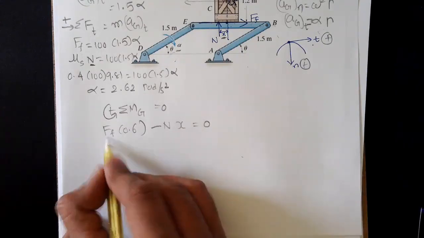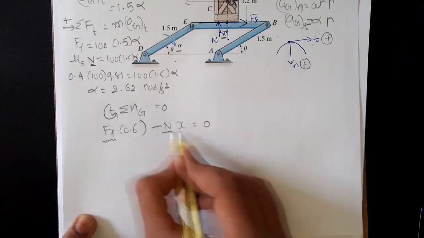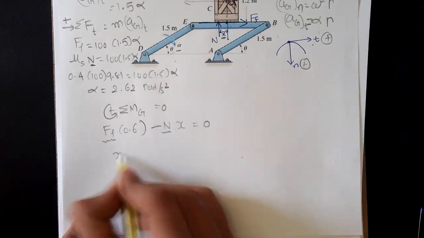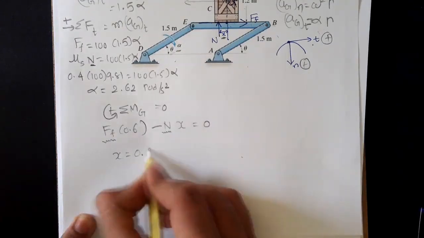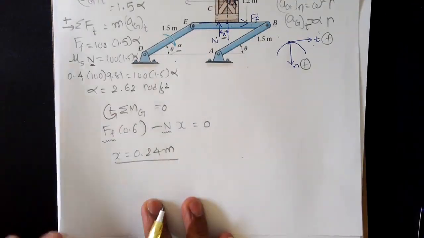Now in this equation, when you substitute the friction force and normal force, we can calculate x, and we get x equal to 0.24 meters.